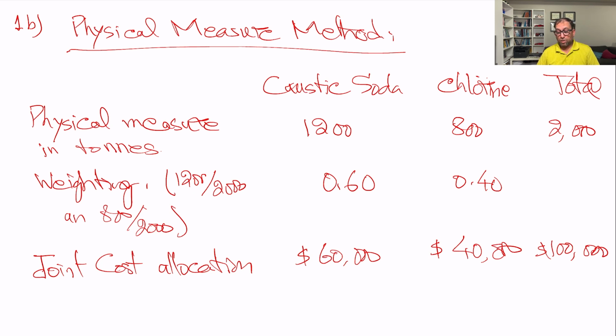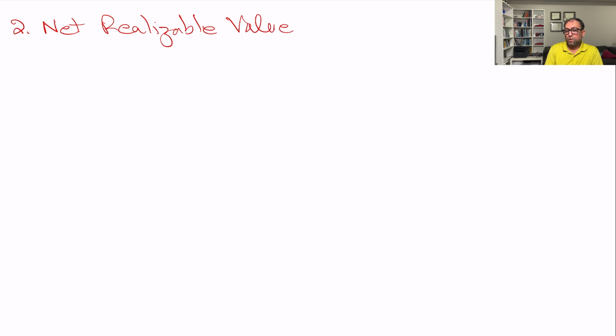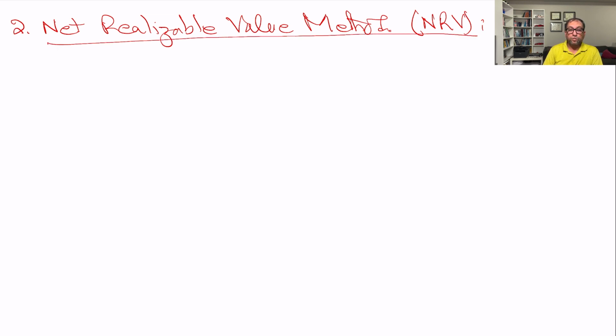Now the second part is saying estimate the net realizable value method, or we call it the NRV method, right?